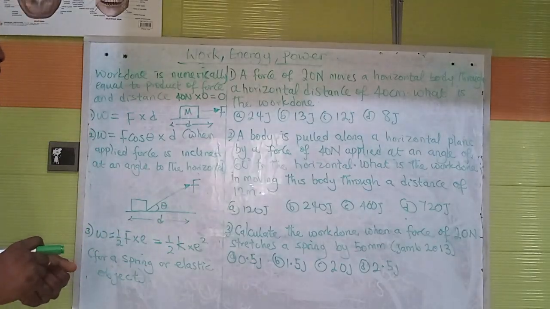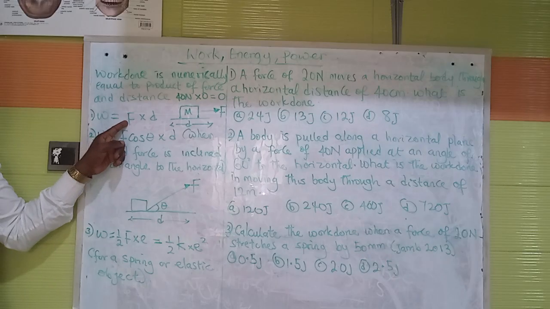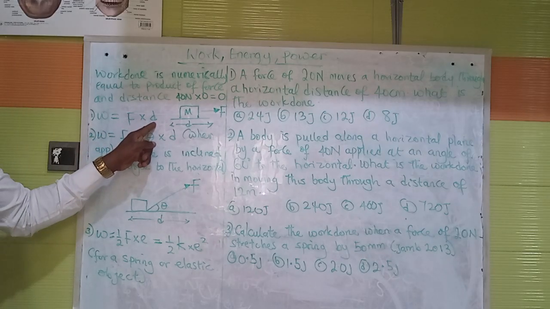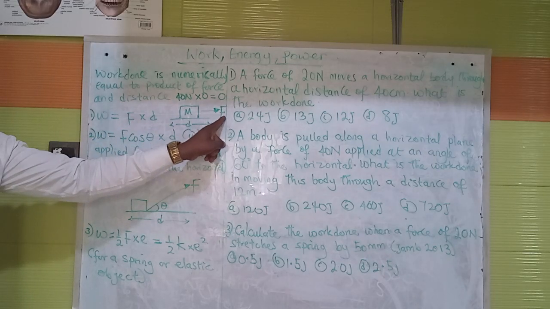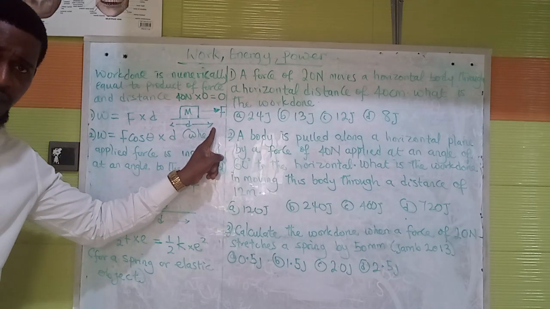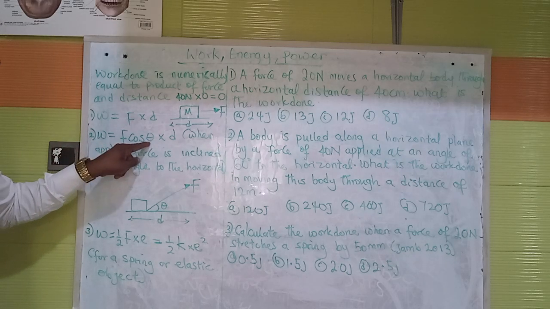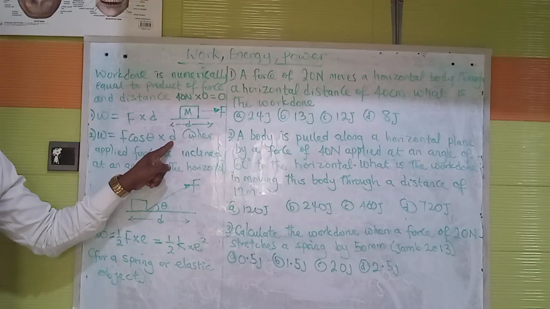Alright. So these are the formulas for work done. Firstly, work done is equal to force times distance. That is when the force applied is parallel to the distance or displacement of the object. Number 2, work is equal to F cos theta times distance.